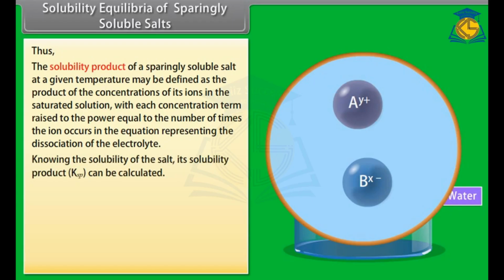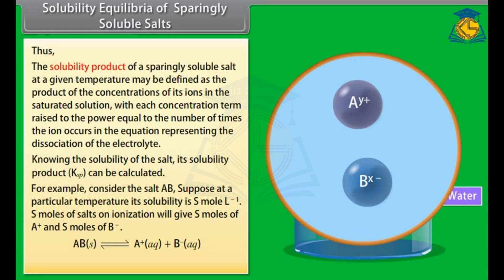Knowing the solubility of the salt, its solubility product can be calculated. For example, consider the salt AB. Suppose at a particular temperature, its solubility is S mol L^-1. S moles of salt on ionization will give S moles of A+ and S moles of B-.